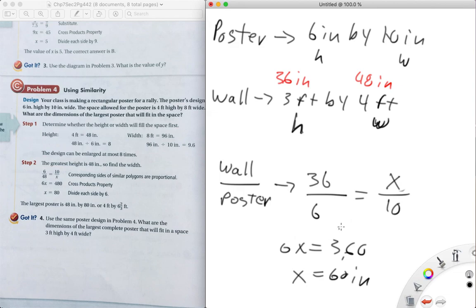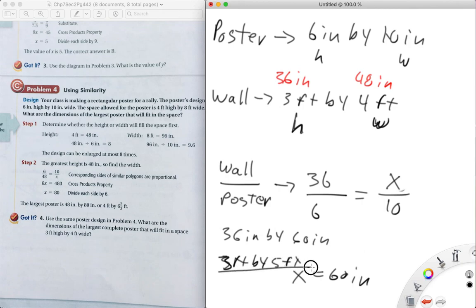And the biggest poster that you can make that's going to fit that wall is going to be 36 inches by 60 inches, or you can say it of 3 feet by 5 feet. That's the dimensions of it.